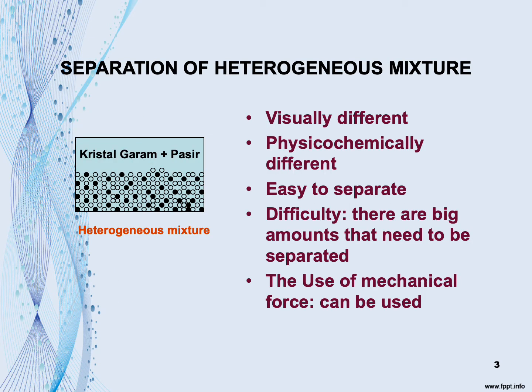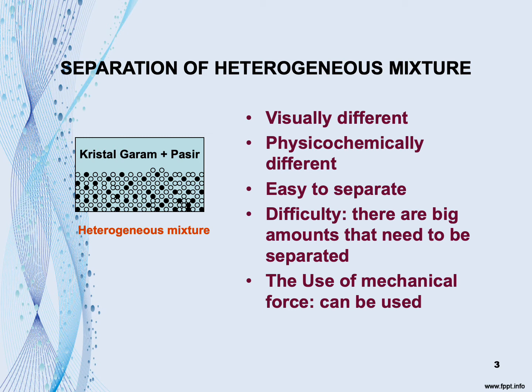The separation of a heterogeneous mixture is easier because the components are visually different and also have different physical and chemical properties. For example, the density of the sand is different from the density of the salt, so it is easy to separate.